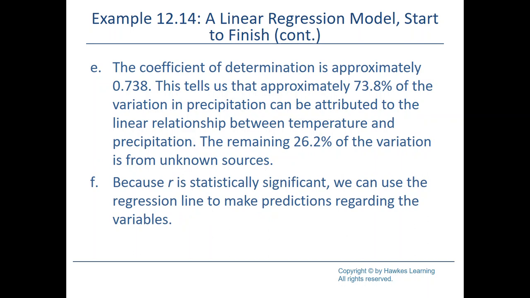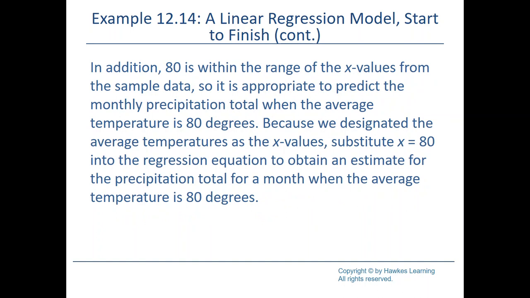Now, F said, because R was statistically significant, we can use the regression line to make predictions. F asked specifically, in addition to 80, is it within that range so that I can predict from my sample data? We did notice that it was in our range, so it is appropriate to use that model we just created.